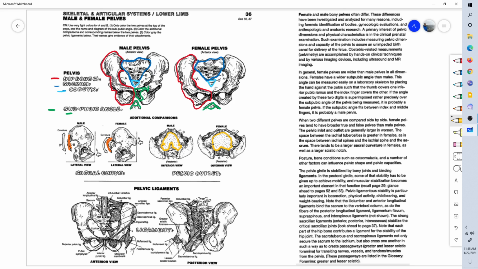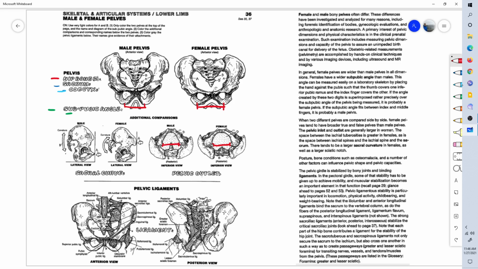the pelvic outlet. Note the space, of course, between the ischial tuberosities here, which is a greater distance in females than it is in males. Of course, that has to do with the greater subpubic angle. The distance between the ischial spines is also greater in females and lesser in males.